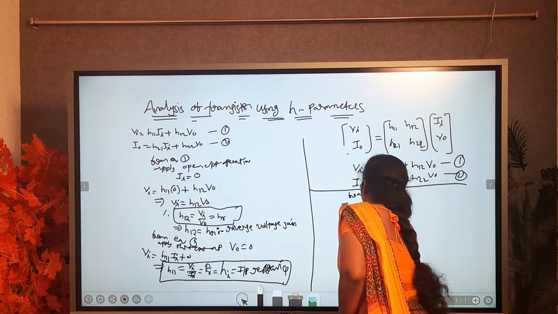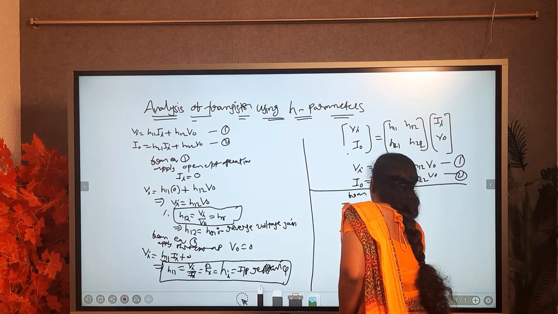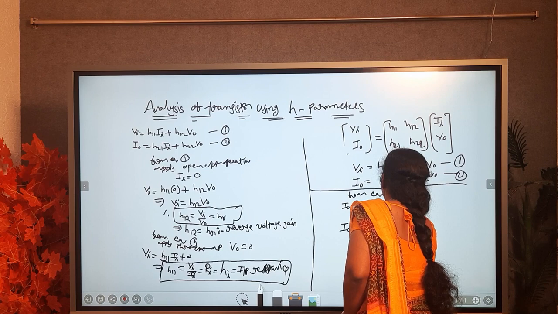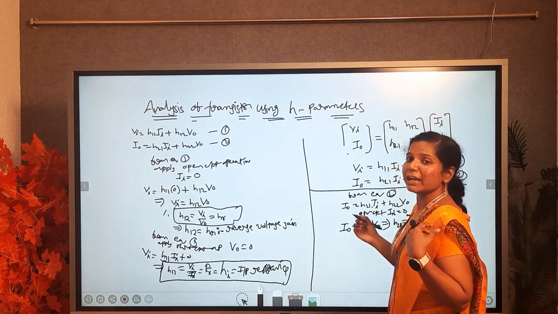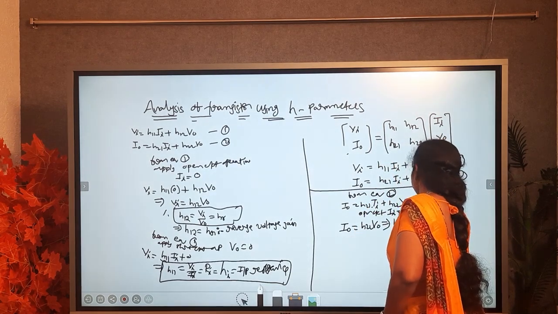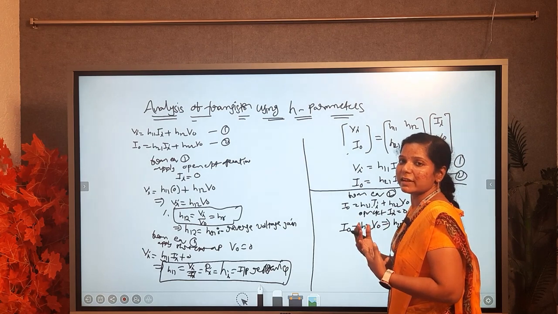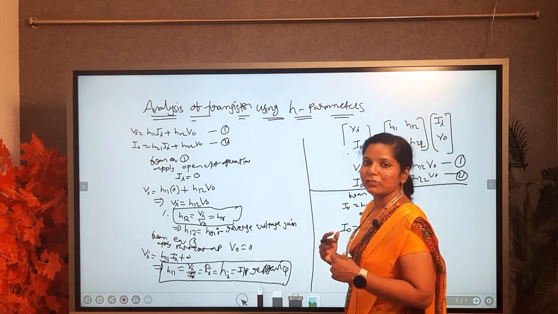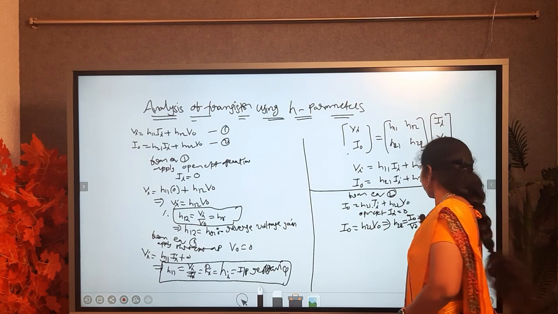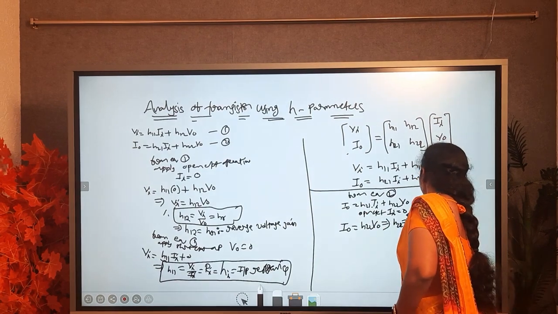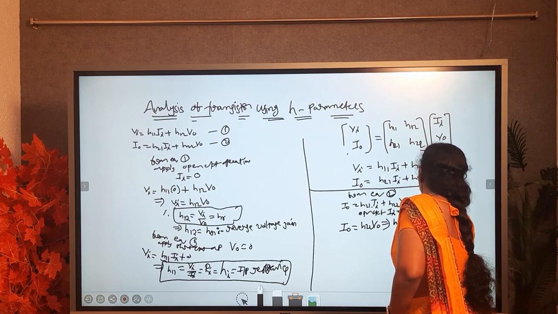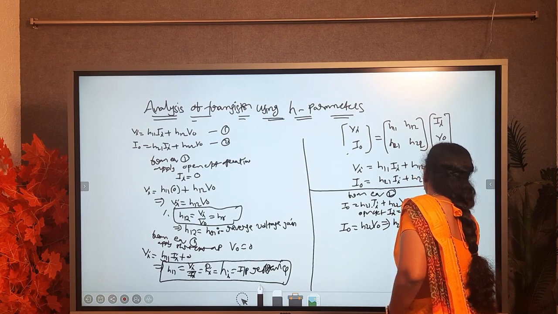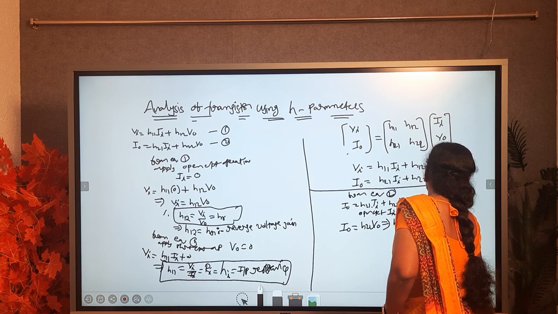So H22 equals I naught by V naught. That is the output admittance. Admittance is the reciprocal of resistance, so I by V is called admittance. So H22 equals H naught, that is the output admittance.